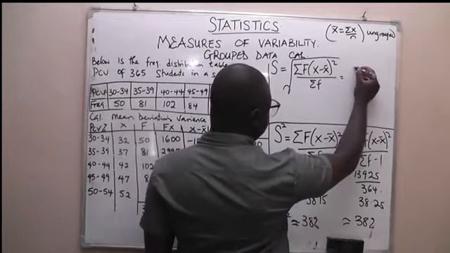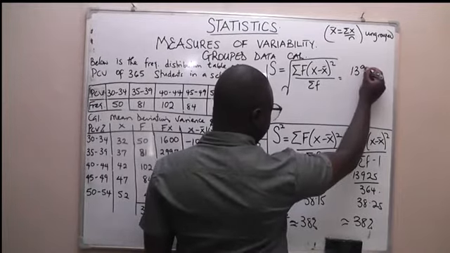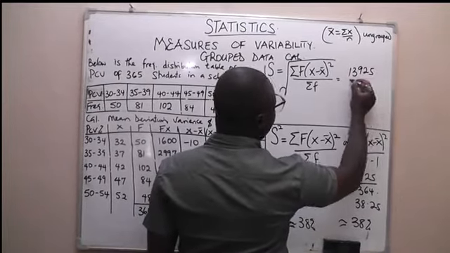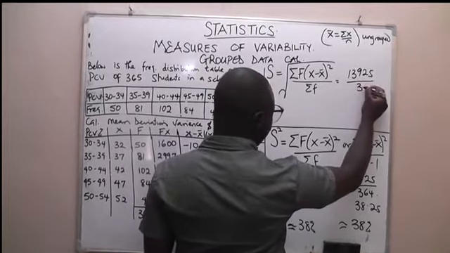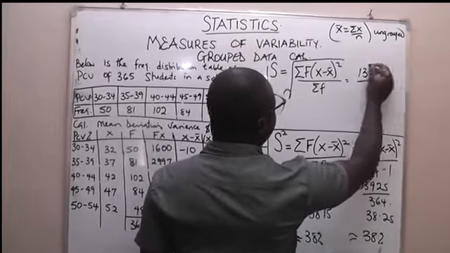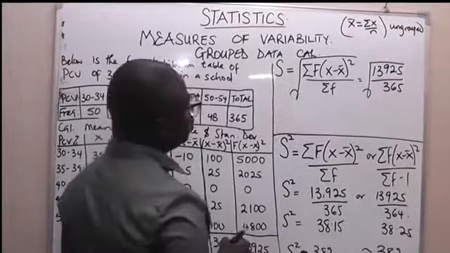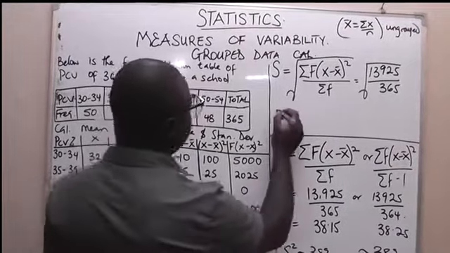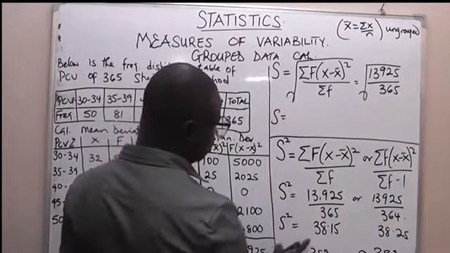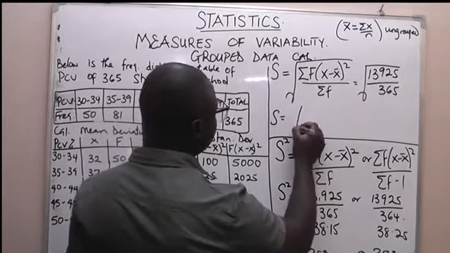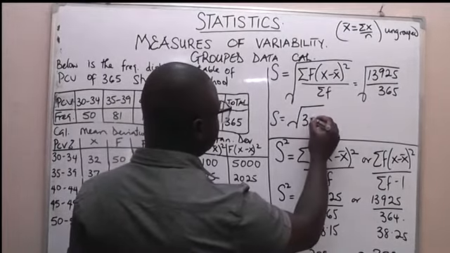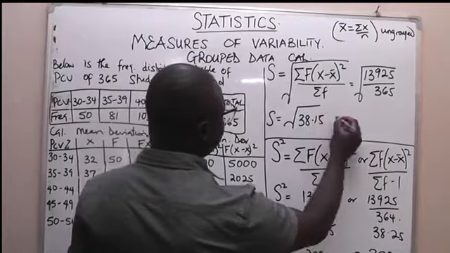So I have 13,925 all over 365. I'll put everything in square roots. Then s is equal to what? Square root of 38.15.